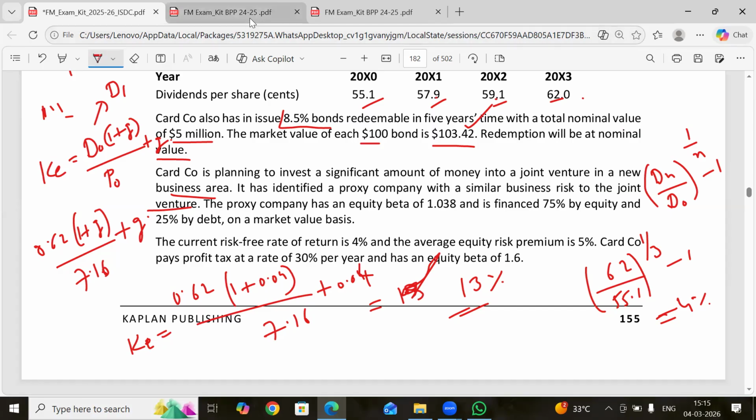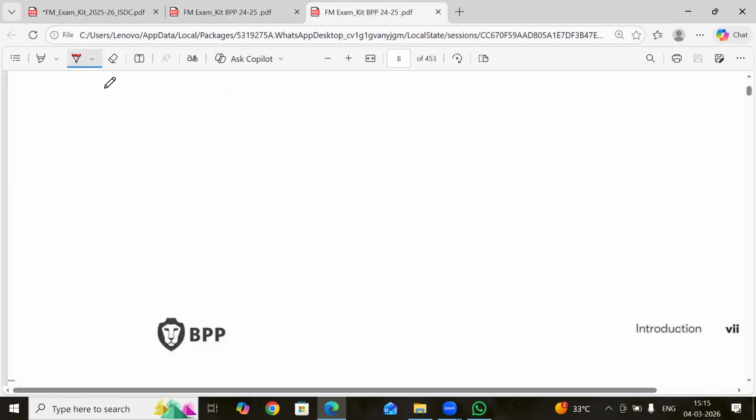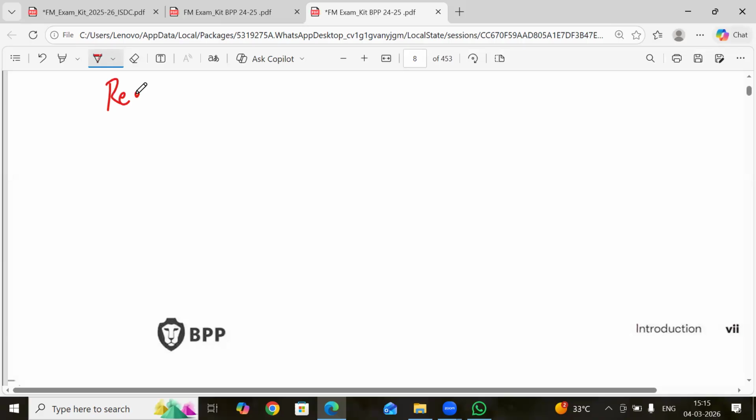What is the CAPM formula? Return on equity, or cost of equity, is equal to RFR plus beta into RM minus RF.